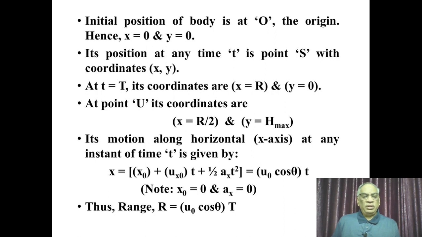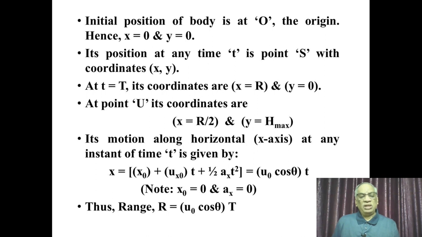So now we can find out equations for respective terms. Its motion along the x-axis, because we know the velocity is u naught cos theta, and any time t is known. The distance moved in the x direction by the body is u naught cos theta into t, which is obtained from the standard linear equation of motion, x equal to x naught plus ut plus half a t square. That is the general equation.